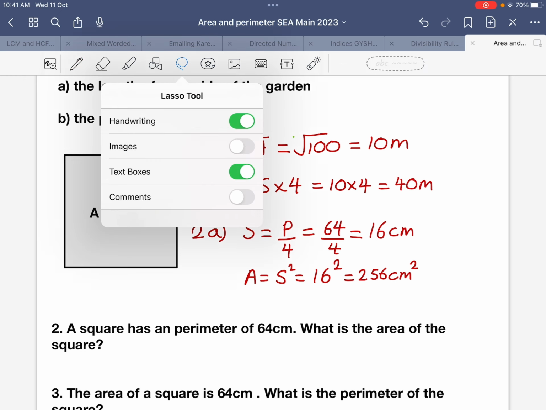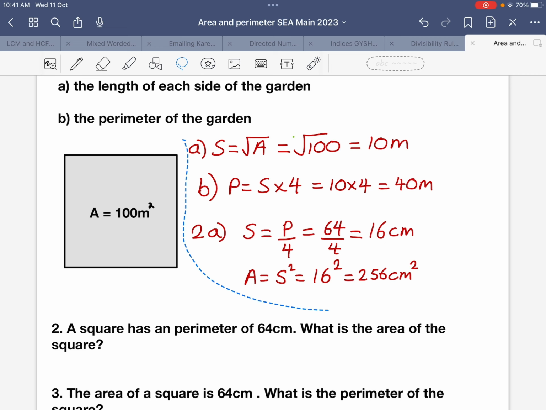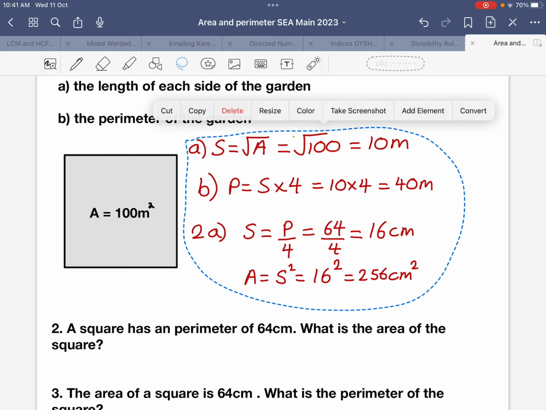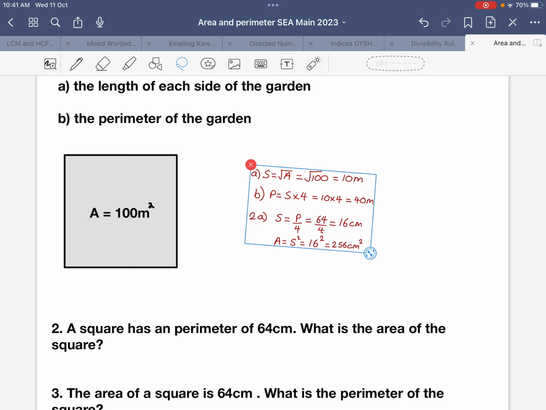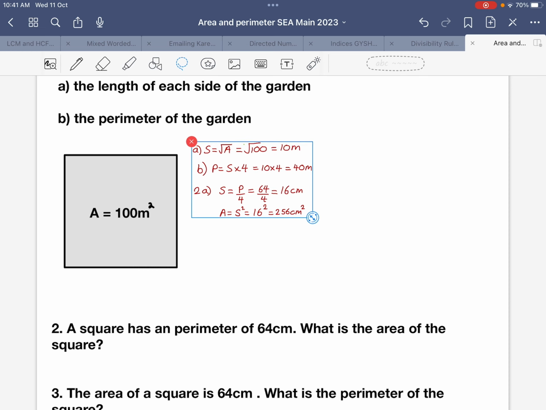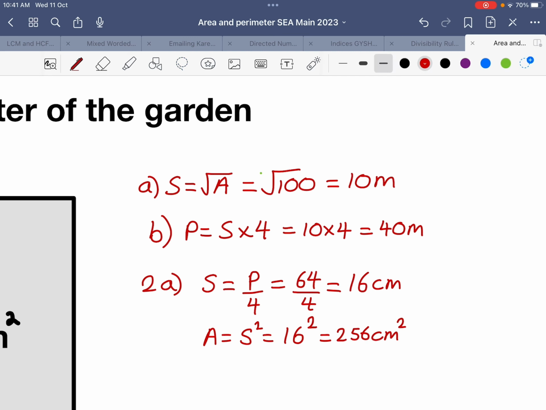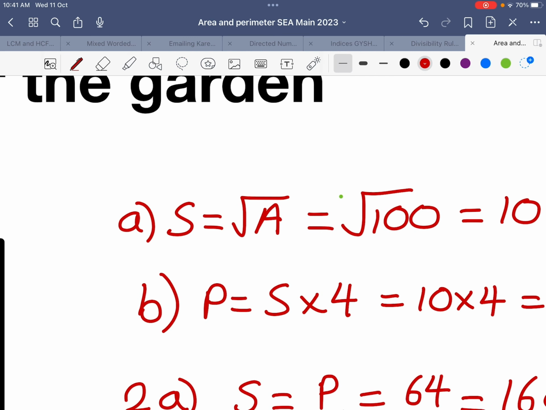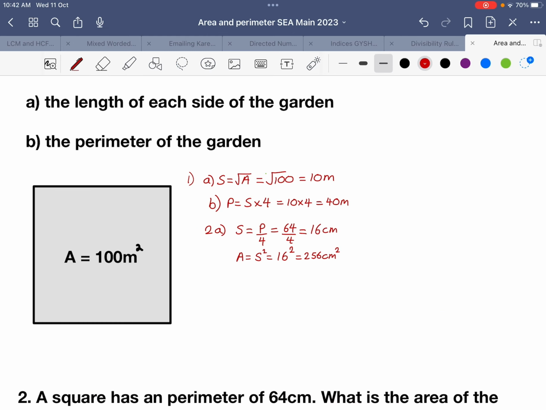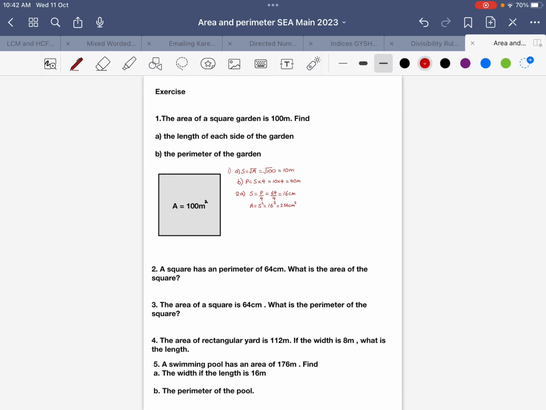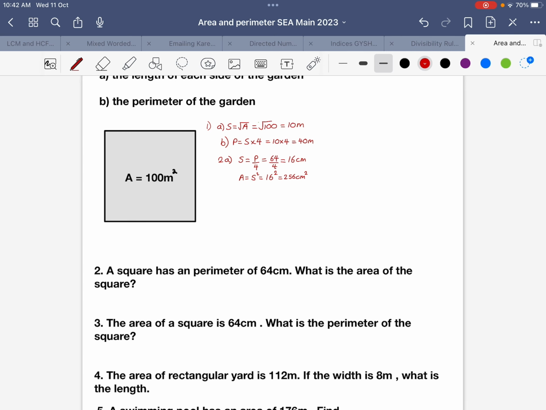So let's minimize this working here so we can create some more space. Okay, number 4, the area is 112 and the width is 8.